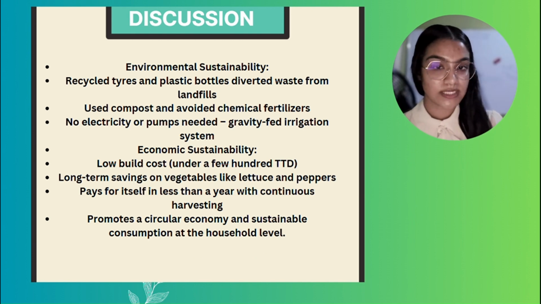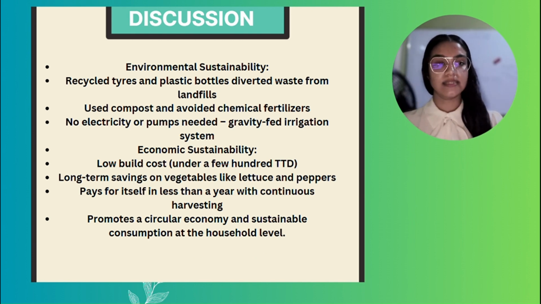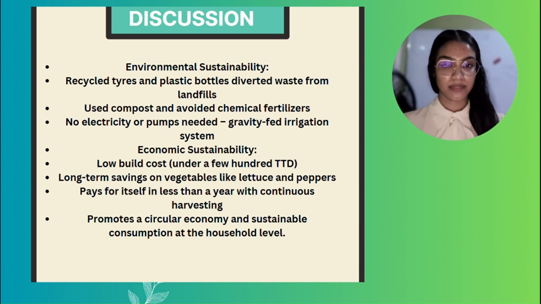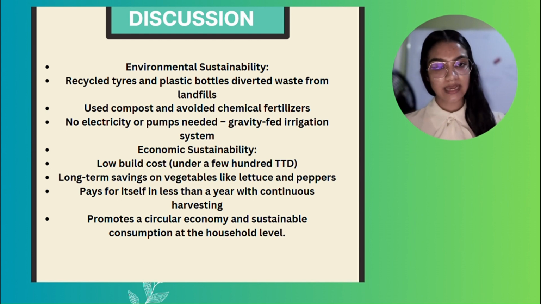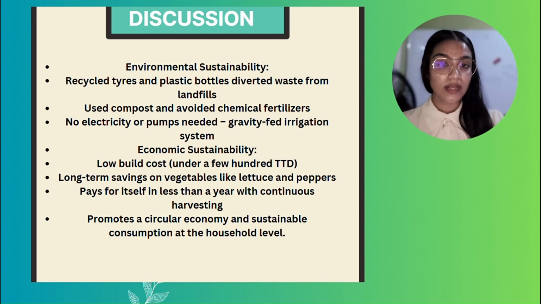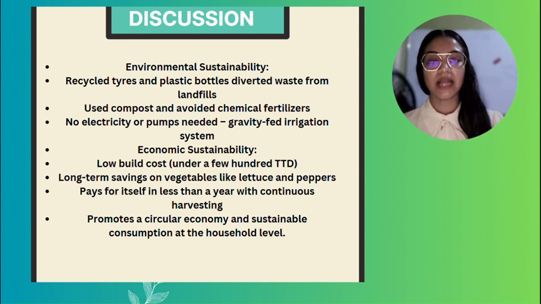One of the strongest aspects of our grow box is how it supports both ecological and economic sustainability. On the environmental side, the system is built almost entirely from recycled or reused materials. We repurposed old car tires that would have otherwise ended up in a landfill and used a plastic bottle to create a gravity fed irrigation system, which doesn't require any electricity or mechanical parts.